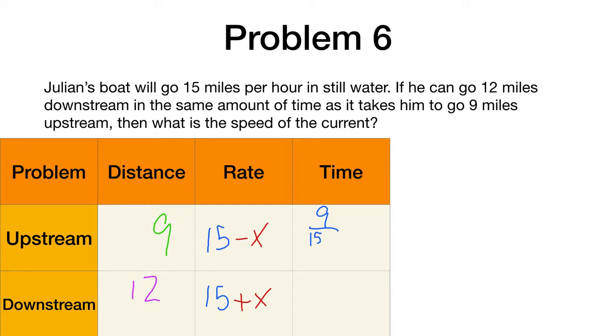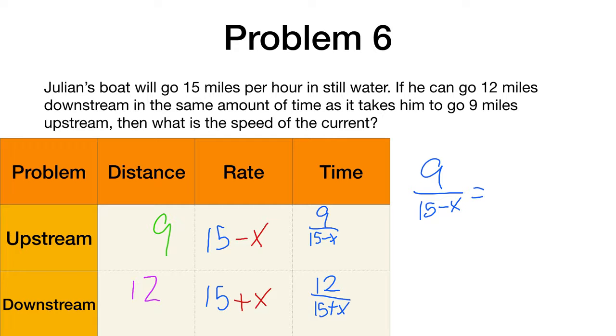9 over 15 minus x is equal to 12 over 15 plus x, at which point, by the way, the reason why I know that they're the same is it says the same amount of time right here.